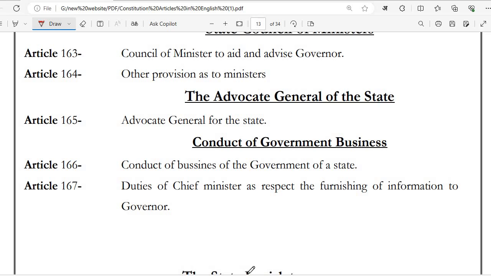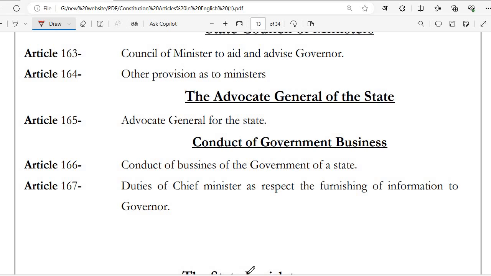Any person may be Chief Minister and Minister for 6 months without being a member of Assembly or Upper House. Collective responsibility also has been declared. Size of Council of Minister, strength of Minister also has been fixed. Article 165, very important, Advocate General of State.